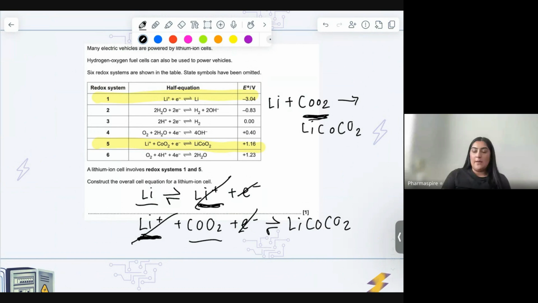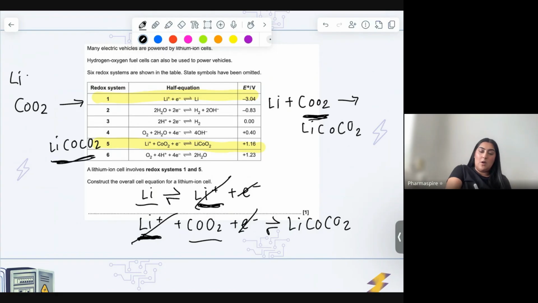So a lot of the time, let's say you've got this equation. You know that you're going to have lithium. Let's actually start with CoO2. You know that you want to get LiCoO2. That's what you generally know you're going to have. But also know that to get to that state, you need lithium ions.